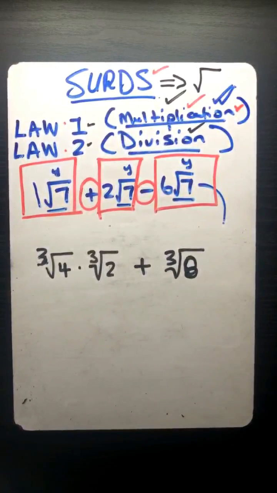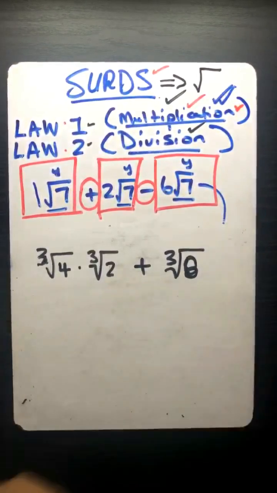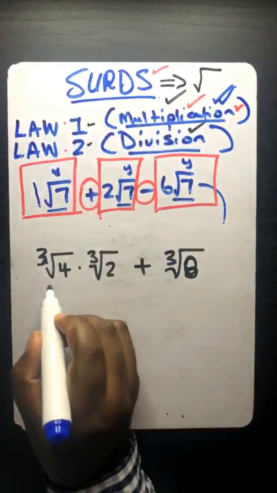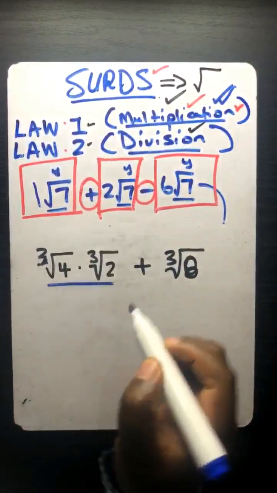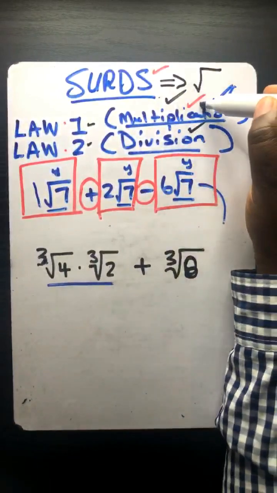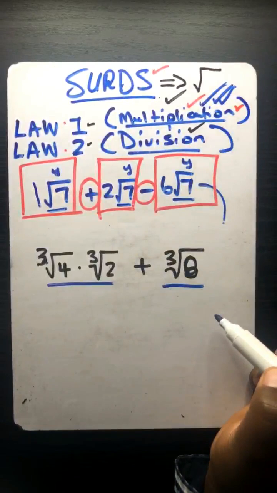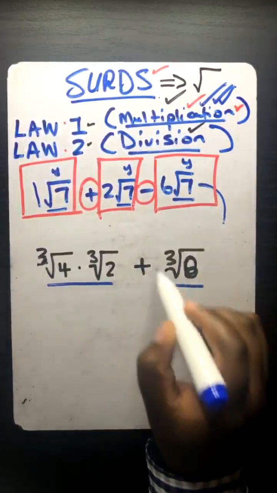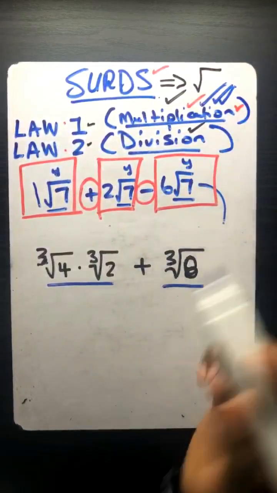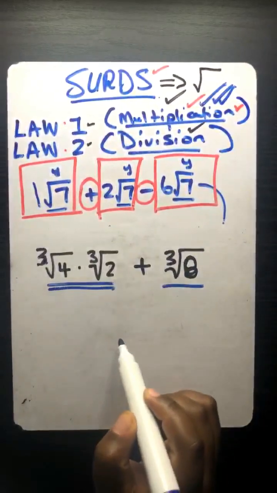Yes, I'm still here. Okay, so when you have a look at this, you will realize that here you can actually apply the law of multiplication, but here you cannot apply, because this thing is already simplified, but this one you can simplify. How do you do that?